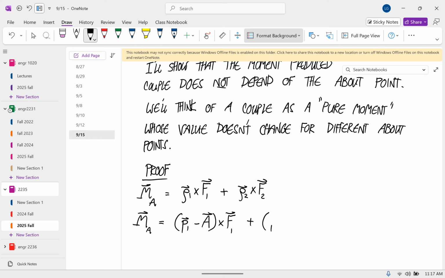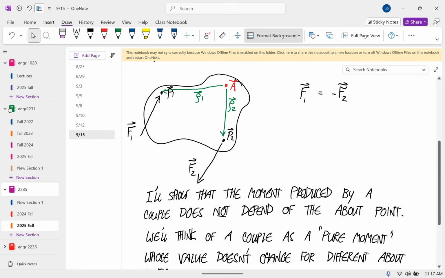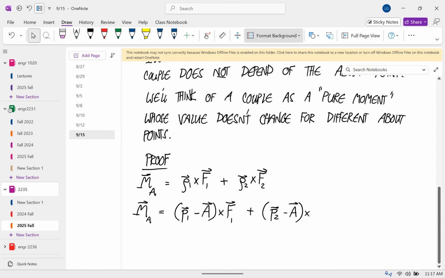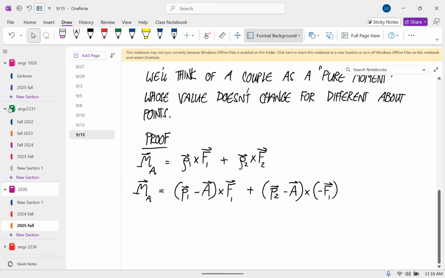And then row 2 is P2 minus A. And that force F2 is equal and opposite to F1, so I'm going to write this as negative F1. And now you can distribute that cross product. Cross product does that just fine.